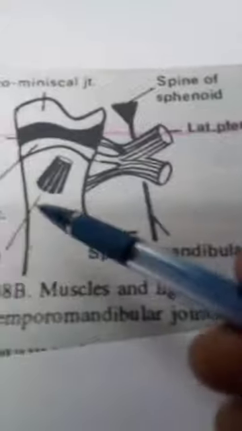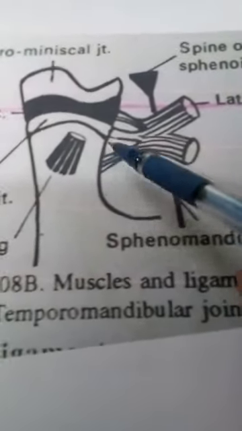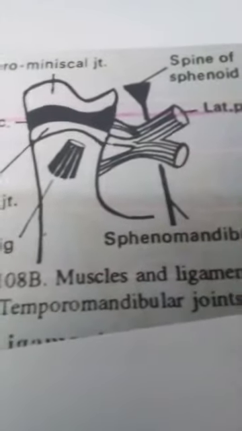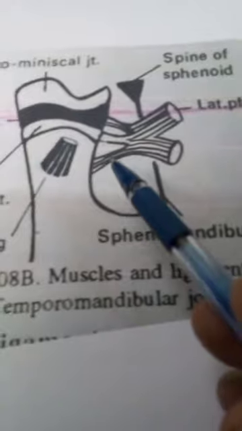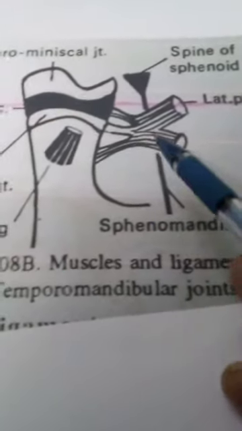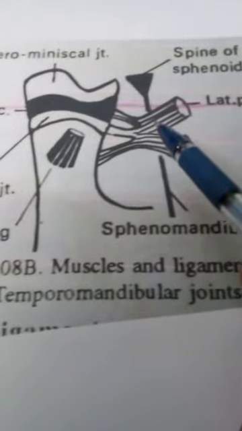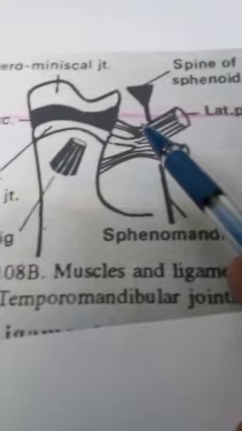Now, we will talk about the lateral ligament or temporomandibular ligament. Lateral ligament or temporomandibular ligament is the condensation of the capsular ligament. It blends with lateral part of the fibrous capsule.